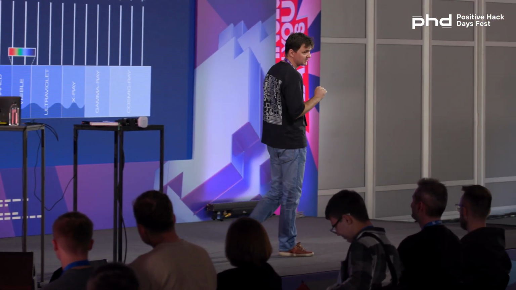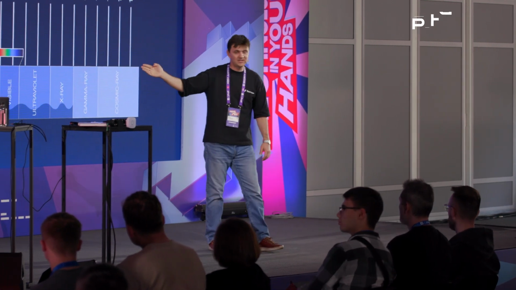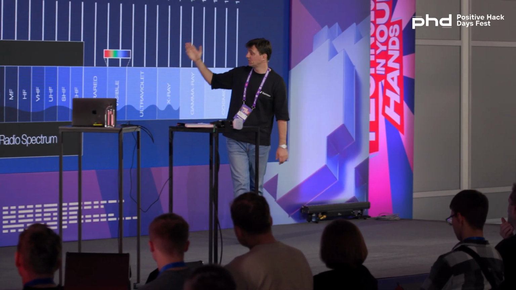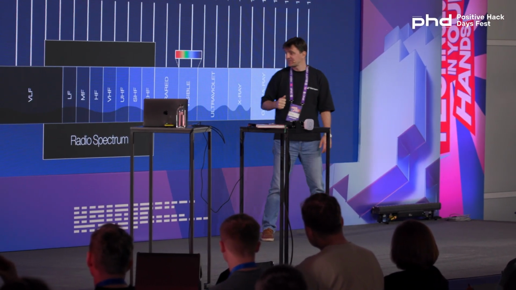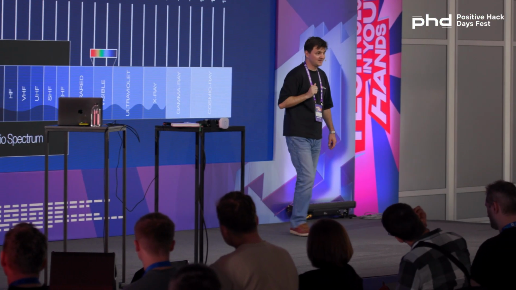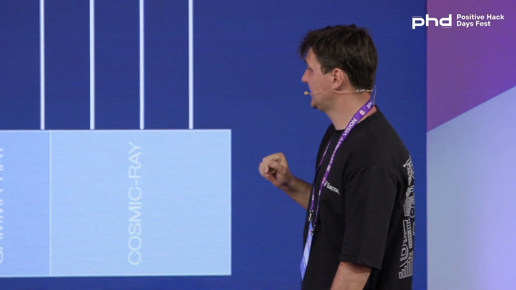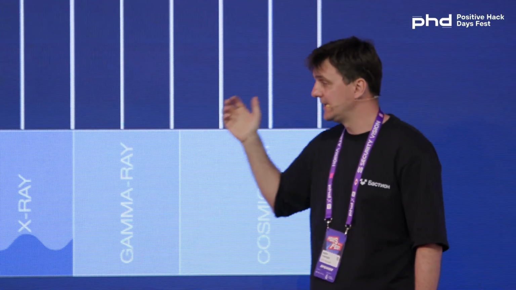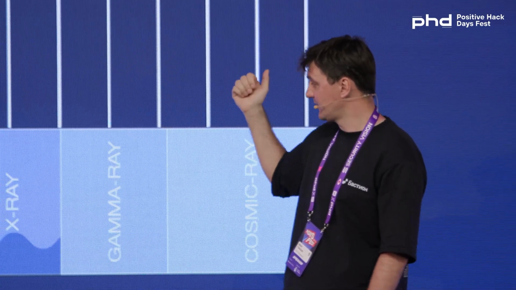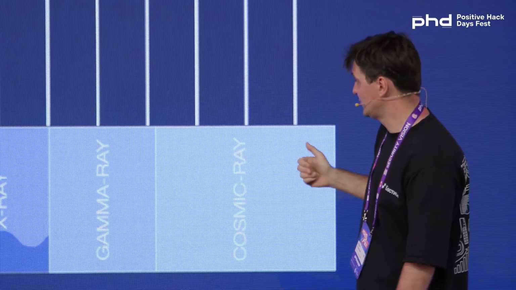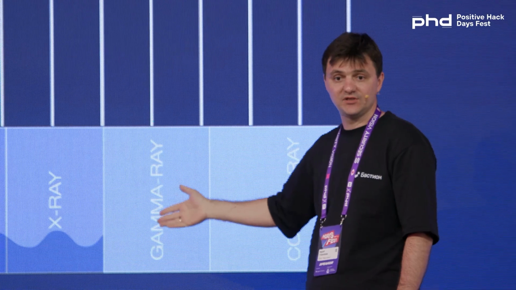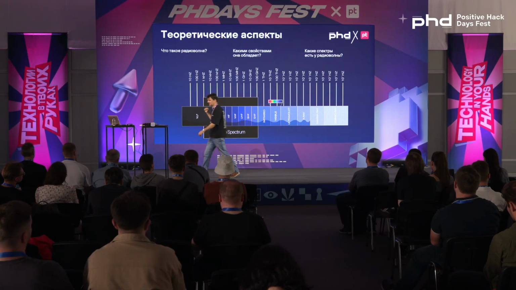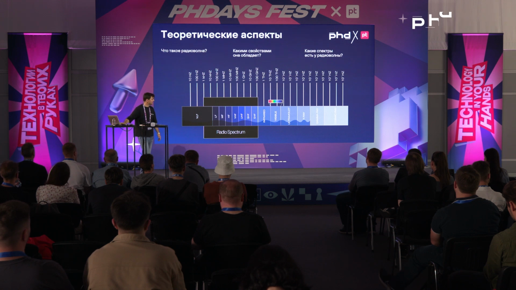And the third question was about the ranges, frequencies from 3 kilohertz to 3 terahertz. As you were quite right, it's electromagnetic radiation. From radio waves, you have visible waves, invisible waves, ultraviolet rays, alpha, beta, and gamma rays, X-rays, and a lot of other things.